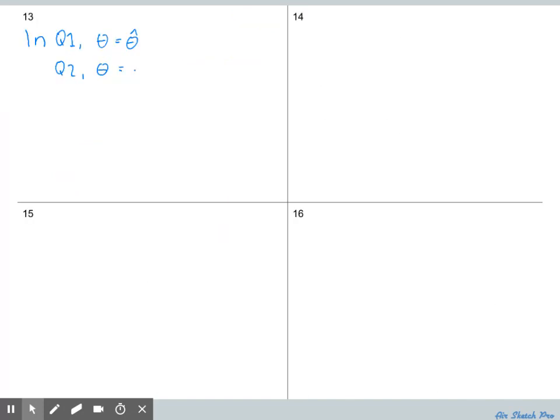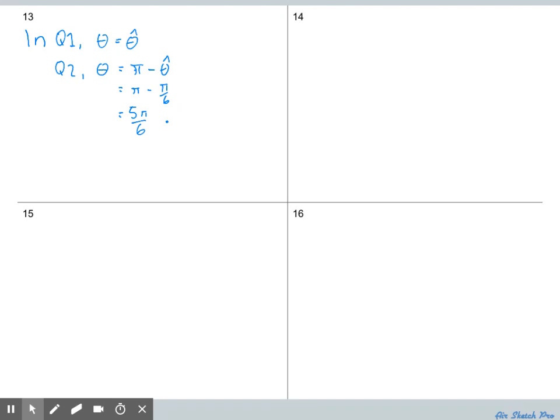So the angle is 180 degrees, pi, minus the reference angle, which is pi minus pi on 6. And pi is 6 pi on 6. And so pi minus pi on 6 is 5 pi on 6. And there we go.